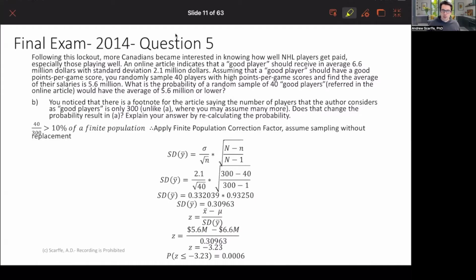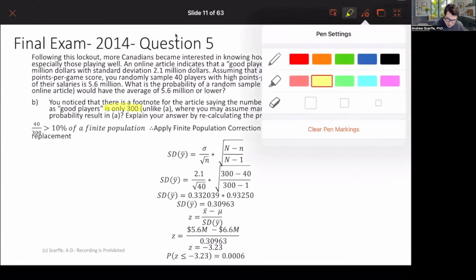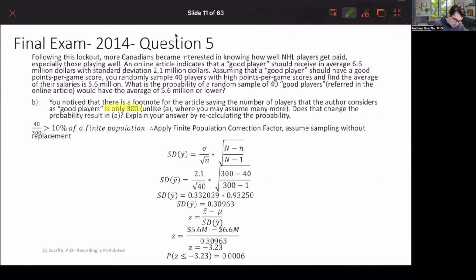In this case, the question tells us that we're dealing with a very small number of, quote unquote, good players. So if we take a random sample of 40 good players to find out what their salary is, this becomes a bit problematic because it's greater than 10% of our population.